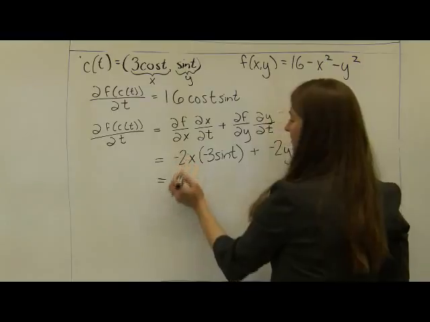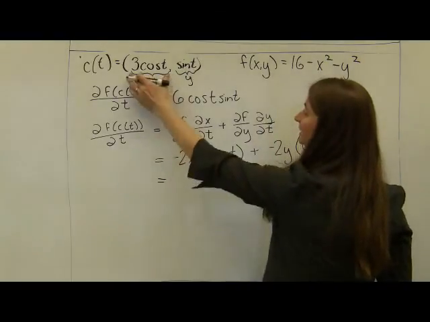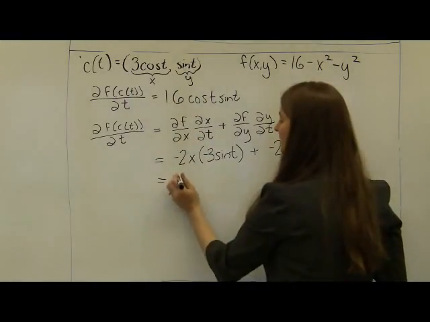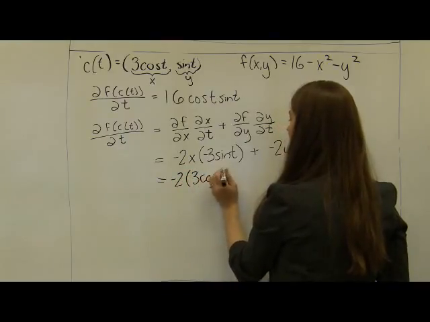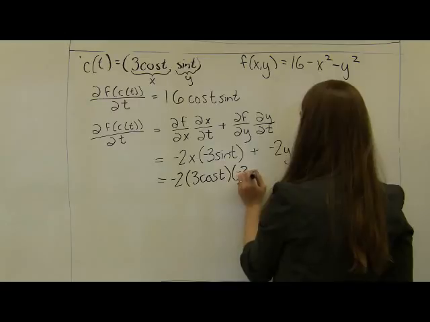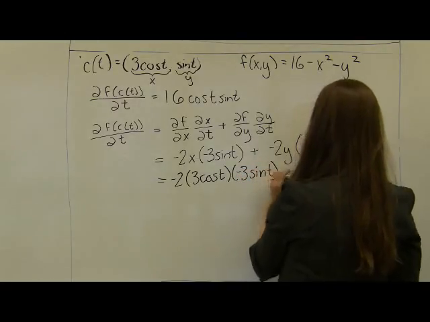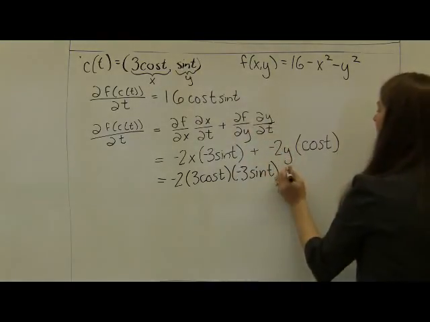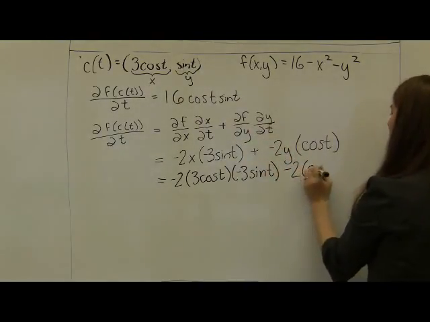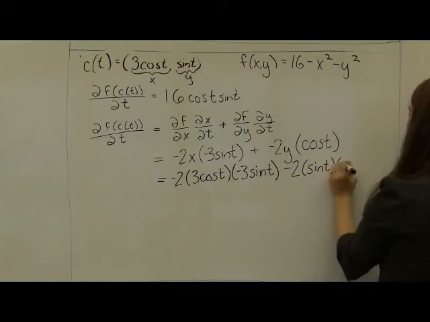So this becomes, by plugging in x being equal to 3 cosine of t, I get negative 2 times 3 cosine t times negative 3 sine t. And then plugging in sine of t for y, I get minus 2 sine of t cosine t.